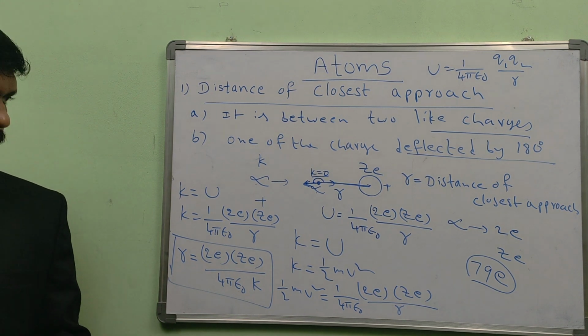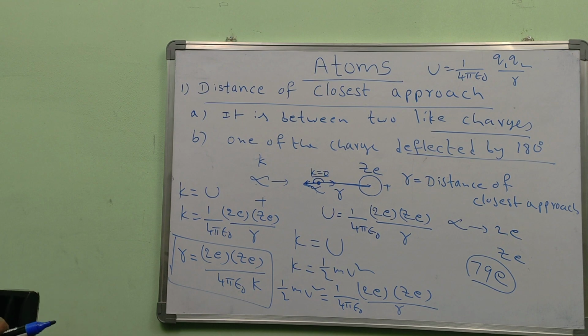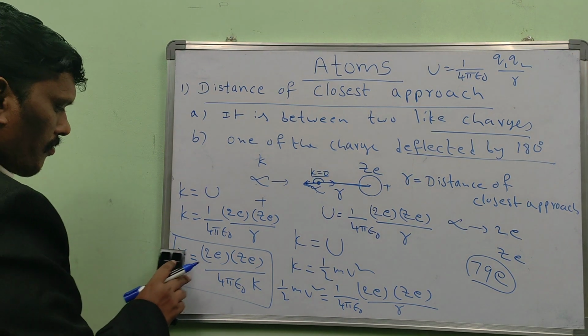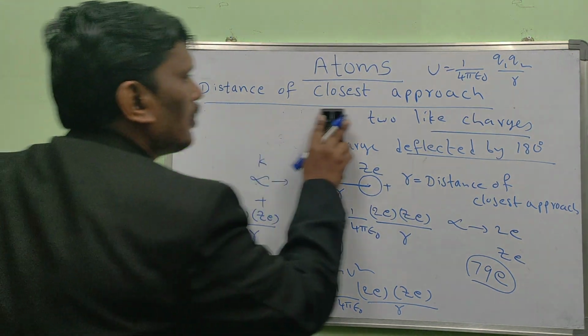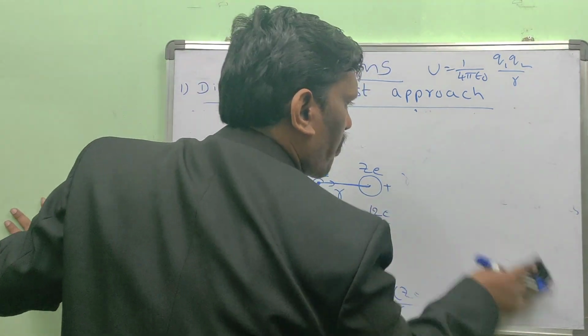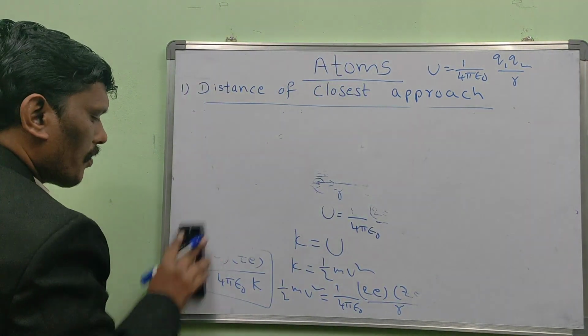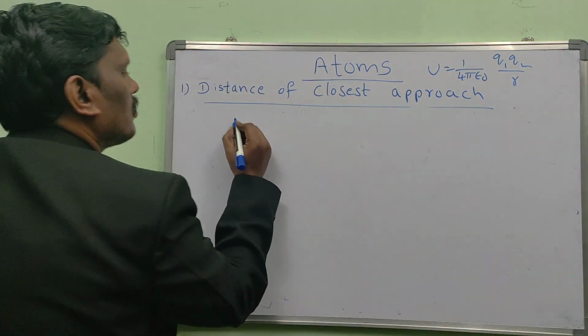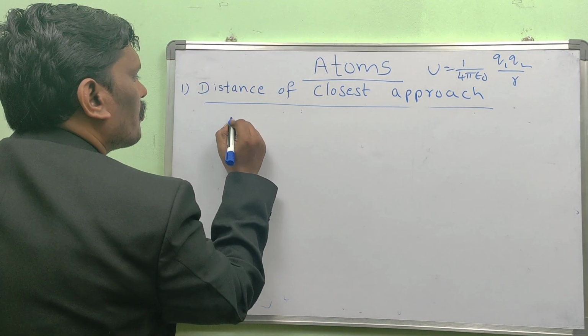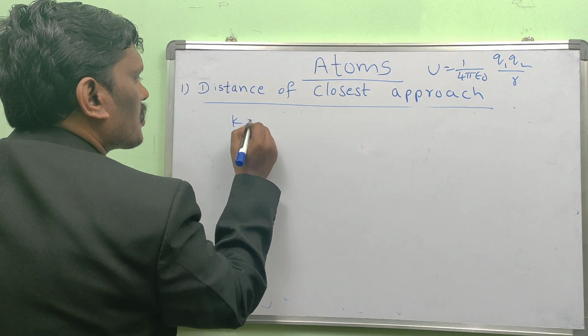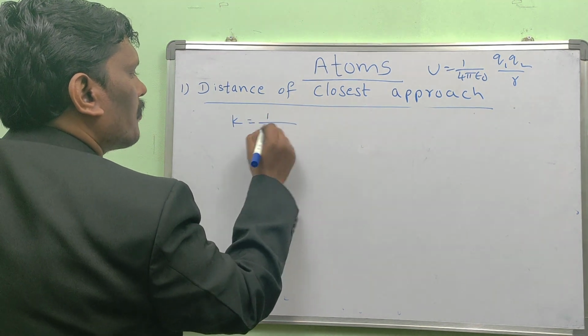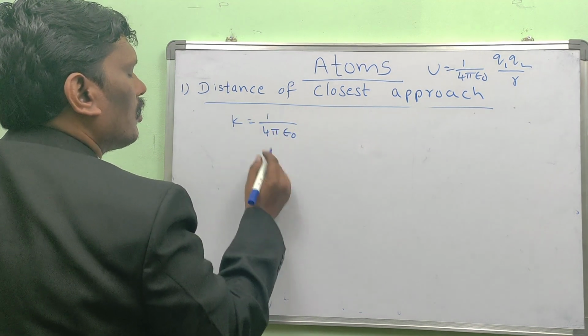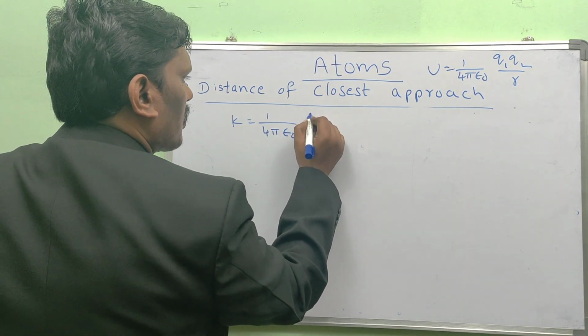Here, note down. Whatever we are going to discuss in this, finally what we need to remember? Simply, kinetic energy is equal to 1 by 4 pi epsilon naught into the product of charges.